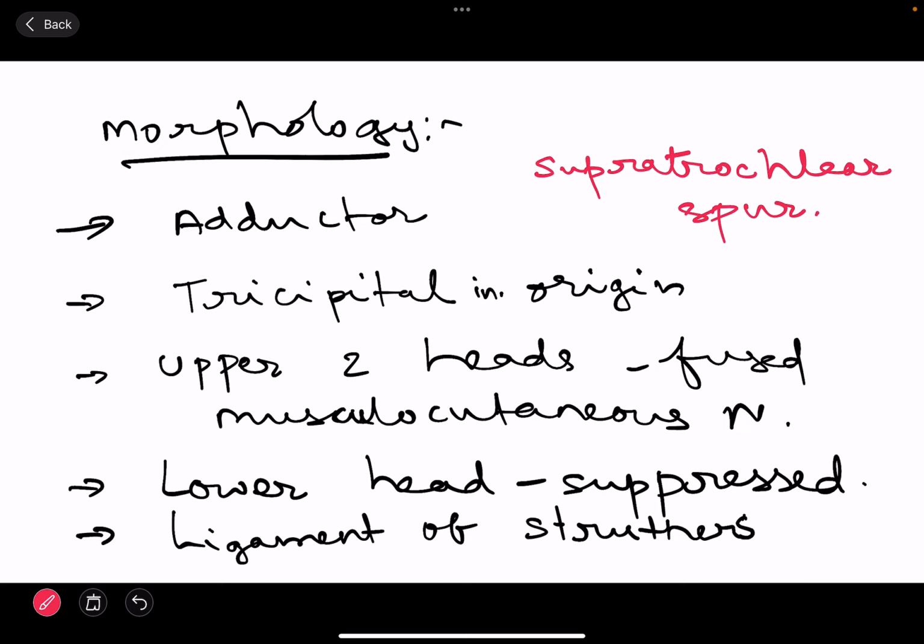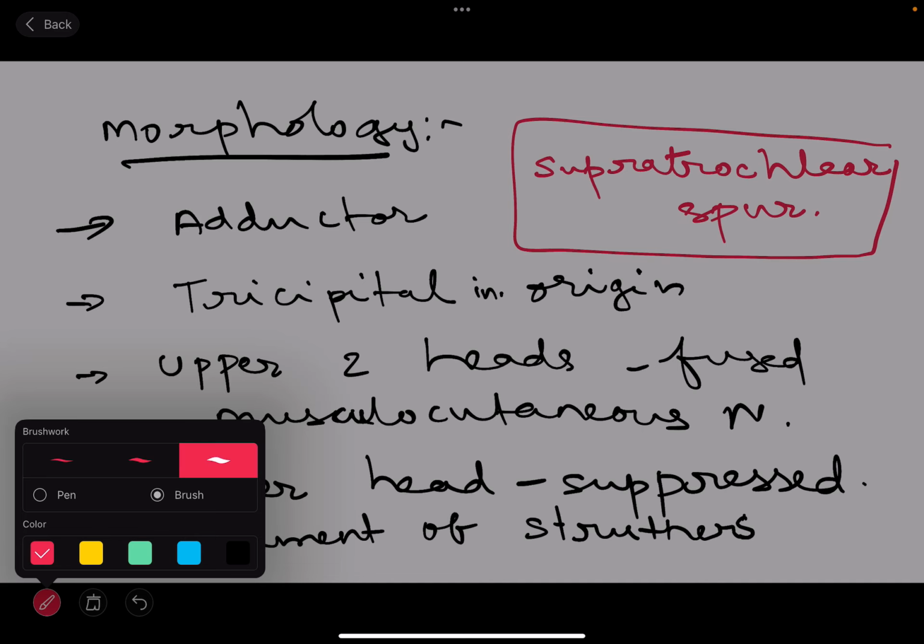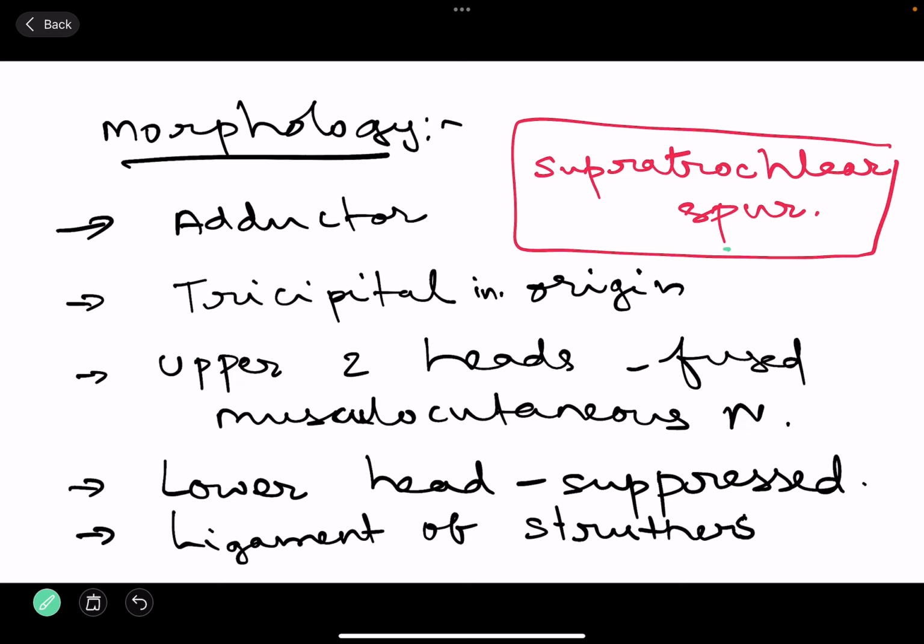This supratrochlear spur is present on the anteromedial surface of the humerus, about 5 centimeters above the medial epicondyle. From there this will extend up to the medial epicondyle.